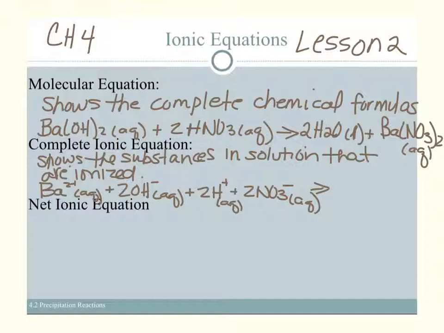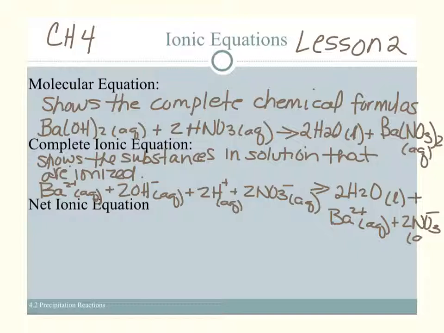Then we have the formation of two waters. This is not separated into ions because it formed a liquid. And then we have Ba2+ aqueous and 2 NO3 minus aqueous.